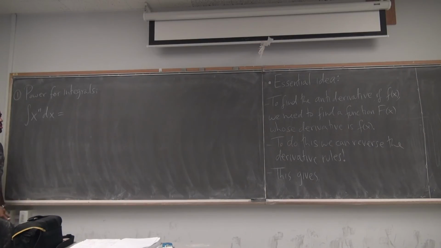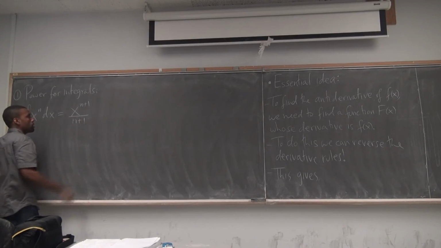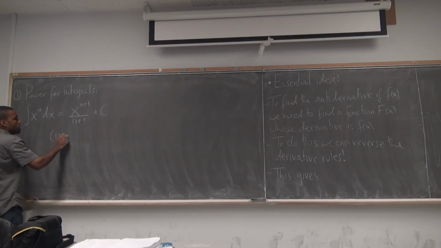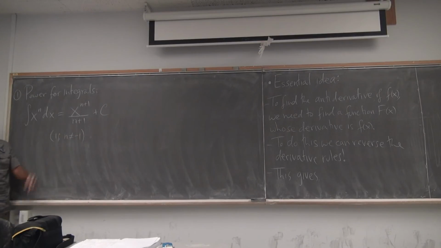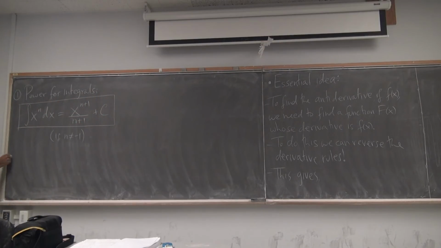When I take the derivative, I multiply by the old power and subtract 1 from it. Now you want to reverse that process. So I'm going to add 1 back to that power, and then instead of multiplying, I'm going to divide by the new power. That gives me x to the n plus 1 over n plus 1. Notice that this works if n is not equal to minus 1, because otherwise you divide by 0. This is a very important rule. It is called the power rule for integrals.